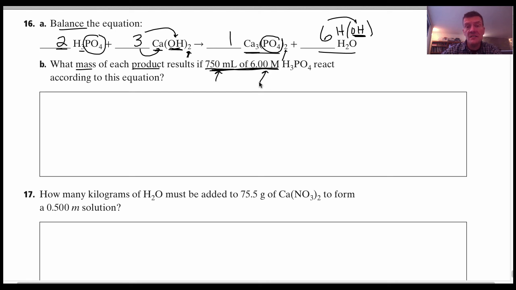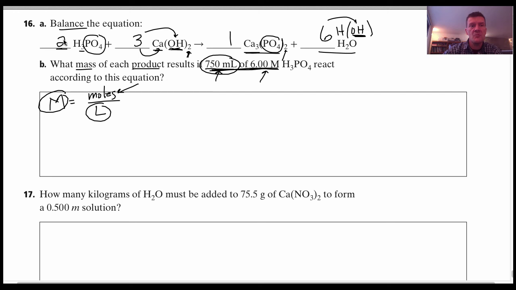But I can find moles if I'm given volume and molarity. Look, molarity is moles of the solute over what? Volume, or liters of the solution. So I'm given the volume, I'm given the molarity, I'm given these 2 numbers, I should be able to find the moles.